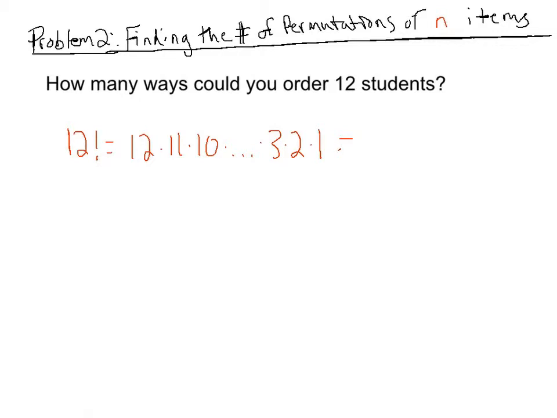And 12 factorial is going to be a rather large number, which is 479,001,600. So there's quite a few ways that we could order a class of just 12 students.